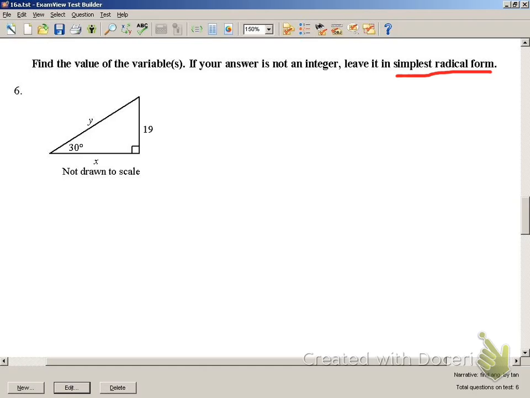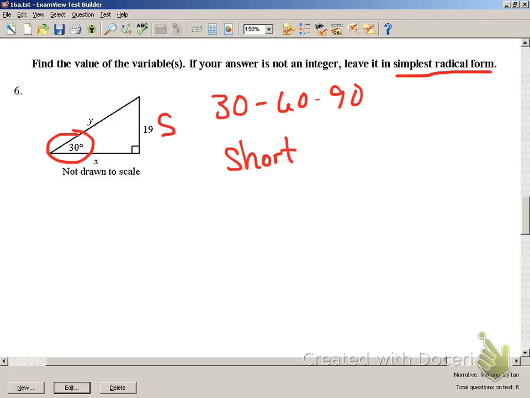Now, what is this? This is a 30-degree angle. So that means that this is a 30, 60, 90 triangle. We have 3 parts. We have the short side, which is always opposite the 30-degree angle.